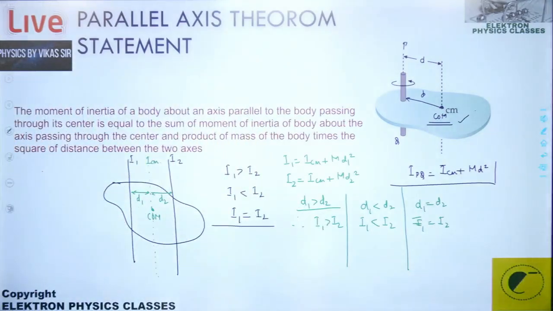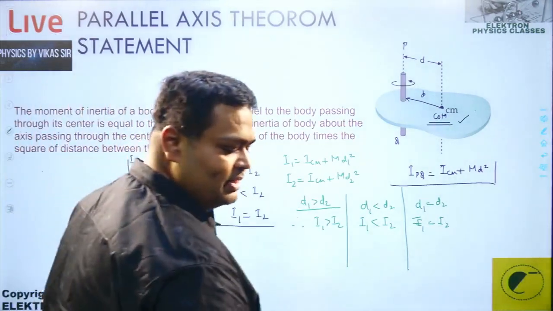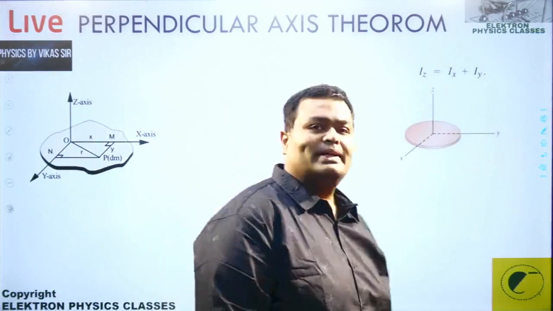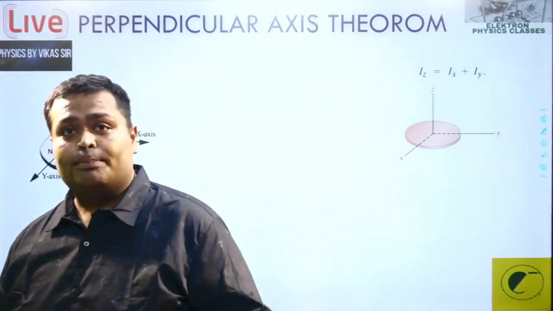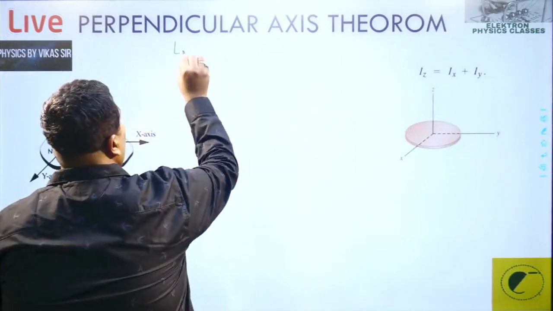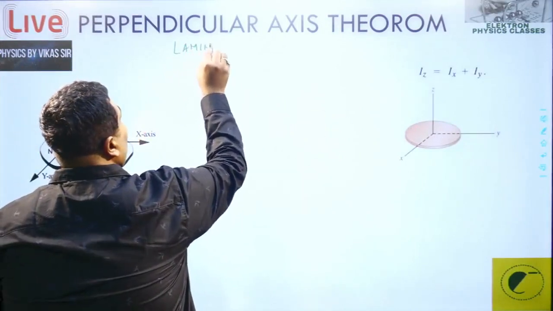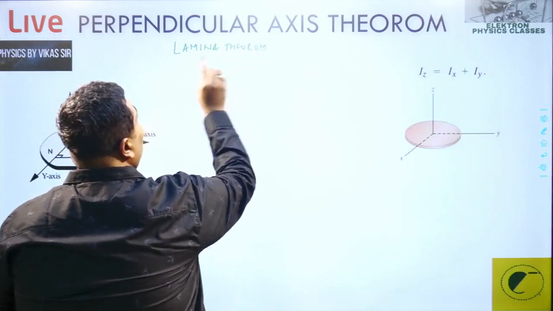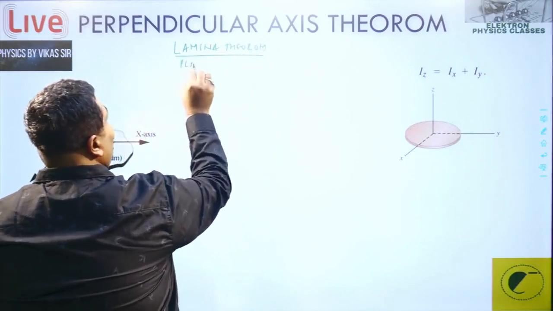So cool things, so good things are coming across our way. That was our parallel axis theorem, and then we have the second bonus theorem that is known as the perpendicular axis theorem, also known as the lamina theorem. A lamina means a plane, so it's also known as a planar theorem.